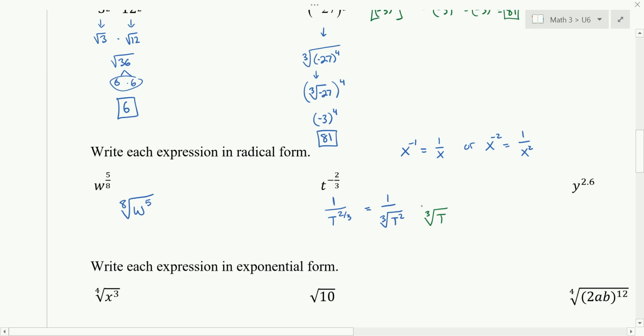But we want to multiply by 1, so we're going to multiply by the cube root of t over the cube root of t, which has the value of 1. And so when we multiply the first fraction by the second fraction, we end up with the cube root of t over the cube root of t cubed. And the cube root of t cubed is just t, so cube root of t over t.